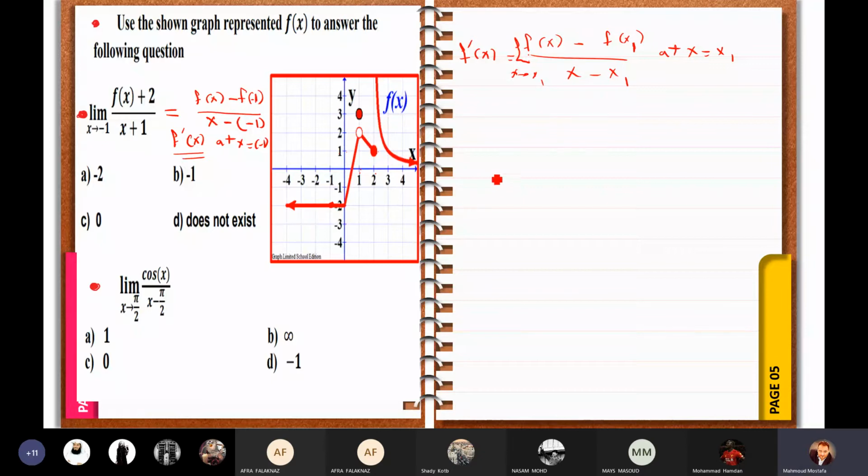This line is, sorry, y equal -2, y equal -2. So the slope, the limit, the derivative, will be what? 0. Okay.